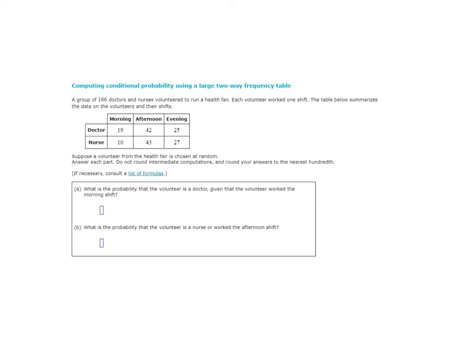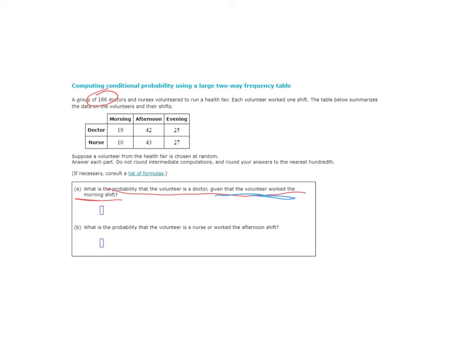It's another frequency table. And this time you have 166 doctors. So if I add up all these numbers right here, I should get 166. And I got to answer some questions, okay? So it says, what is the probability that a volunteer is a doctor given that the volunteer worked the morning shift? Okay, so here's what you got to learn to do.